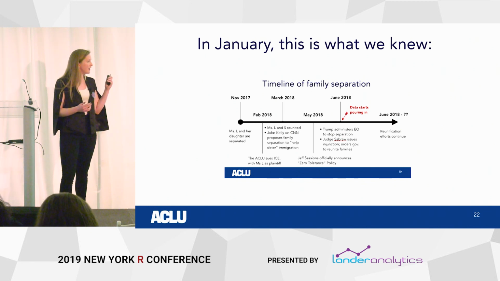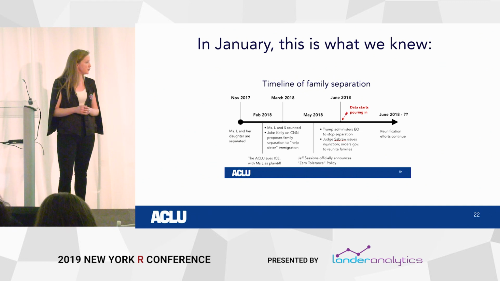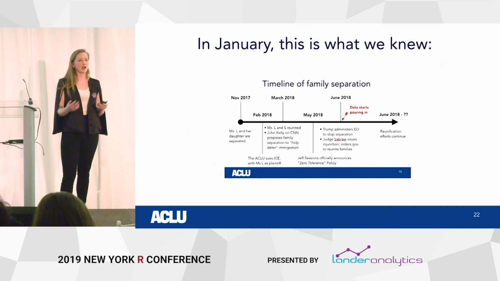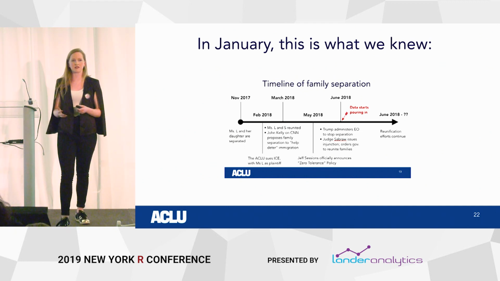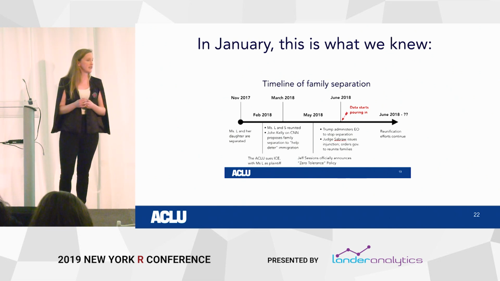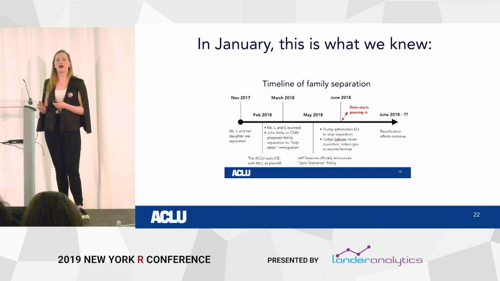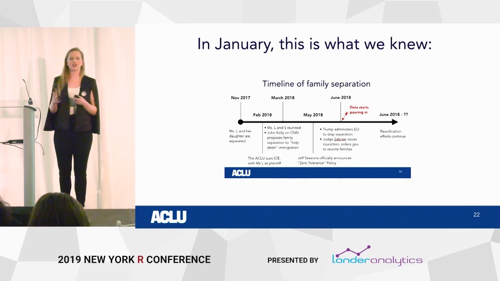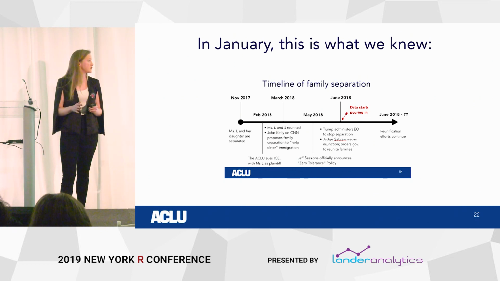And I started working on the project in June, and we were still working on reunifying the children that had been separated. But in June of 2018, the judge in the case filed an injunction saying you can't separate any more children, you can't do this anymore.